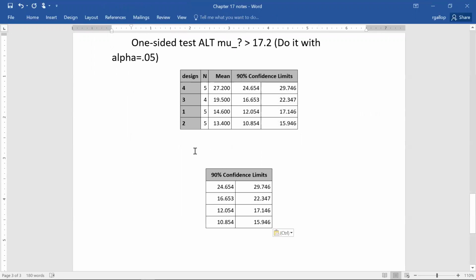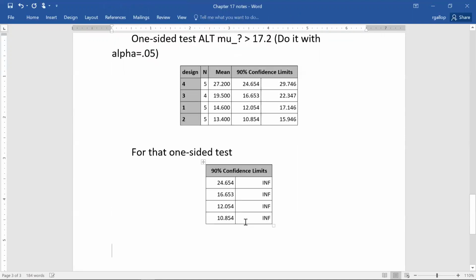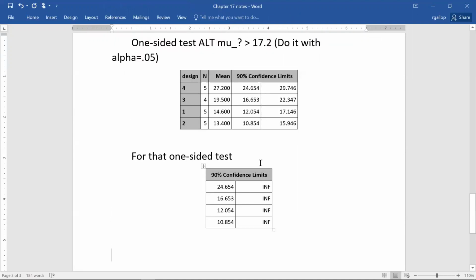So for this one-sided test, we want the infinity in the direction of the alternative. If we're trying to say greater than 17.2, we need this one-sided confidence interval not to contain 17.2 inside.